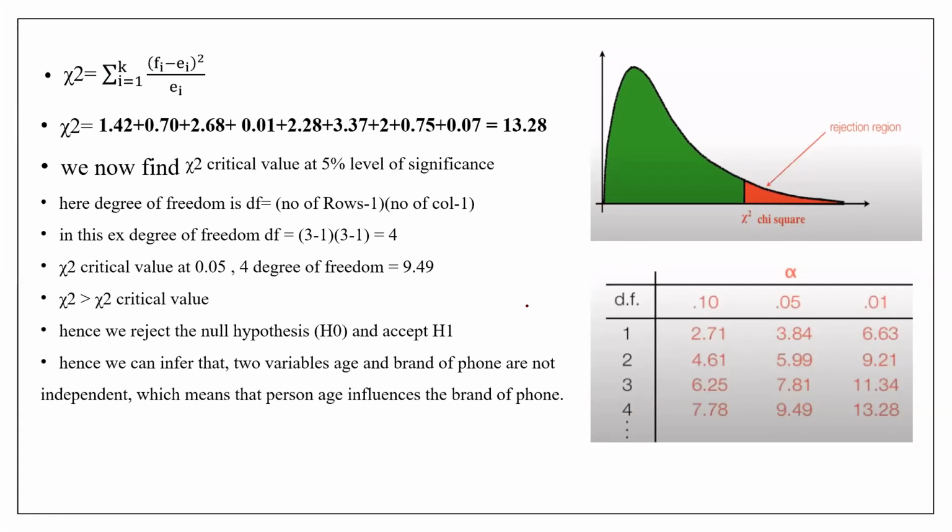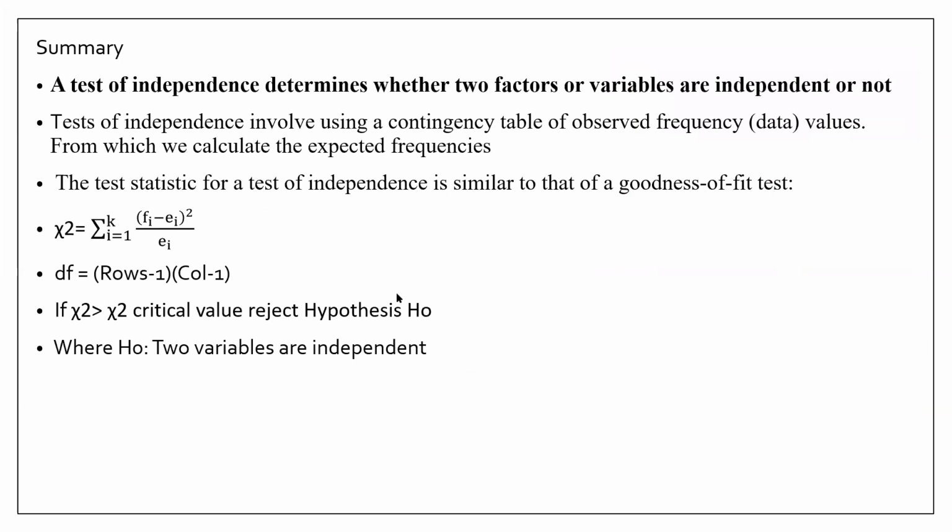Anyway, let us look at the summary. The test of independence determines whether two factors or variables are independent or not. It involves the contingency table, which we have seen. This contingency table has observed frequencies, from which we can calculate the expected frequencies.